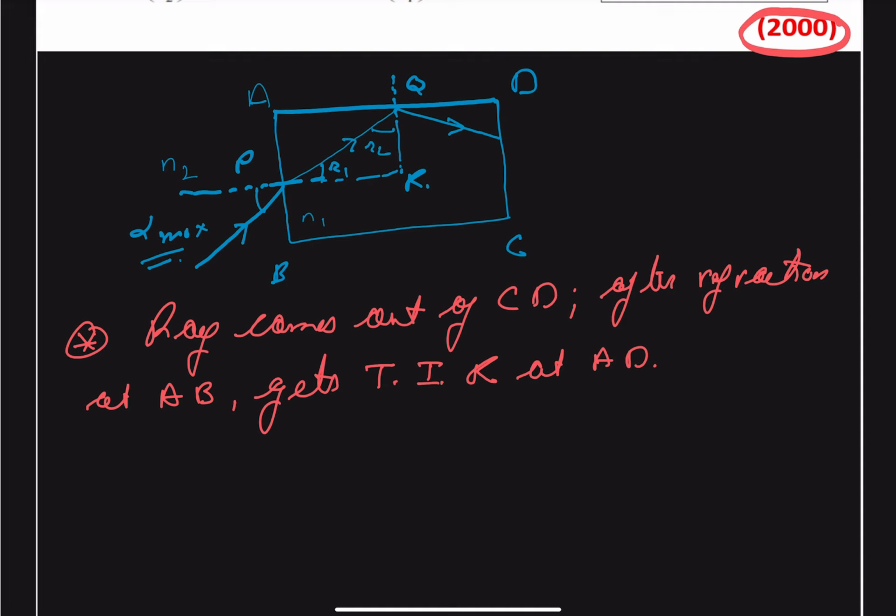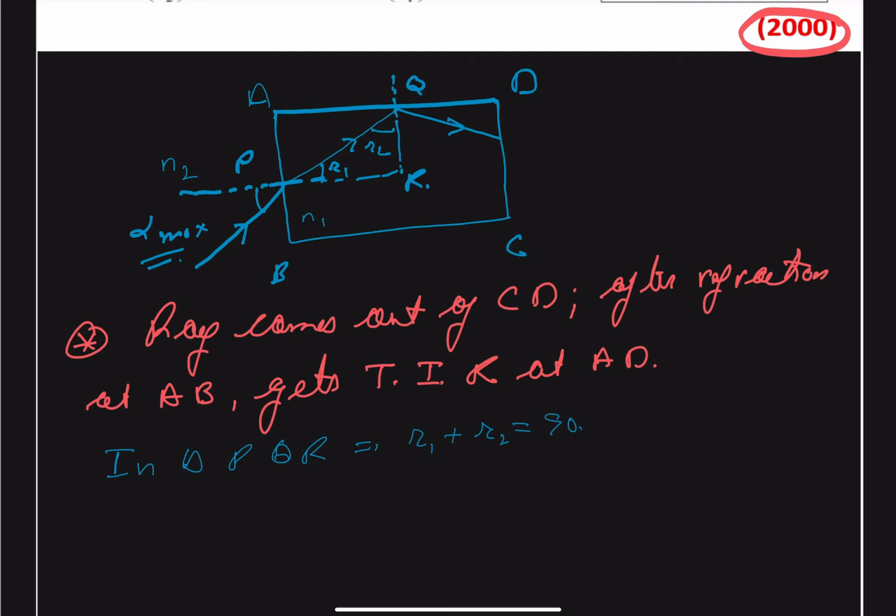And therefore in triangle PQR, angle R1 plus angle R2 will be equal to 90 degrees.